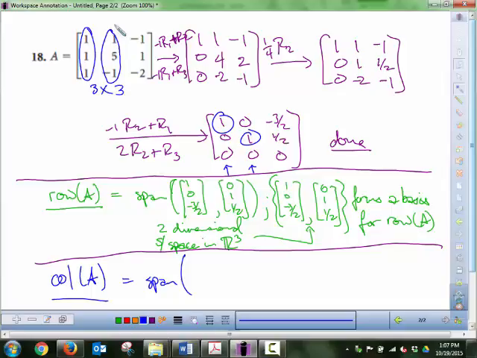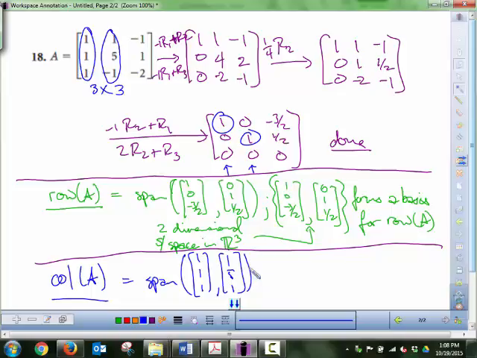So my column space will be from the original matrix: 1, 1, 1, and 1, 5, 1. They look like they're linearly independent. And if I take a look at all three of these, then I'll see that it's actually linearly dependent, which means I could probably write this last column as a linear combination of the first two columns. Okay, we won't do that.